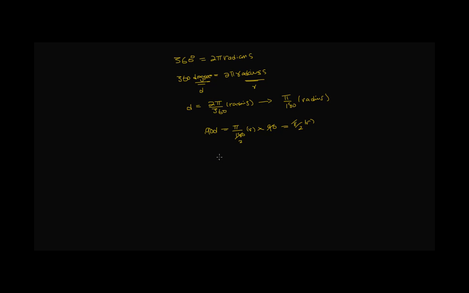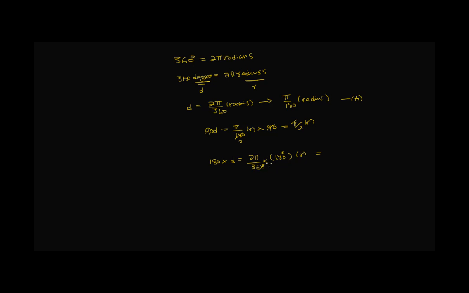What about 180 degrees? How much is 180 degrees in radians? Let's do the same thing. Let's multiply both sides of our original equation, equation A, by 180 degrees. So 180 times D is equal to 2 pi divided by 360 times 180 radians.